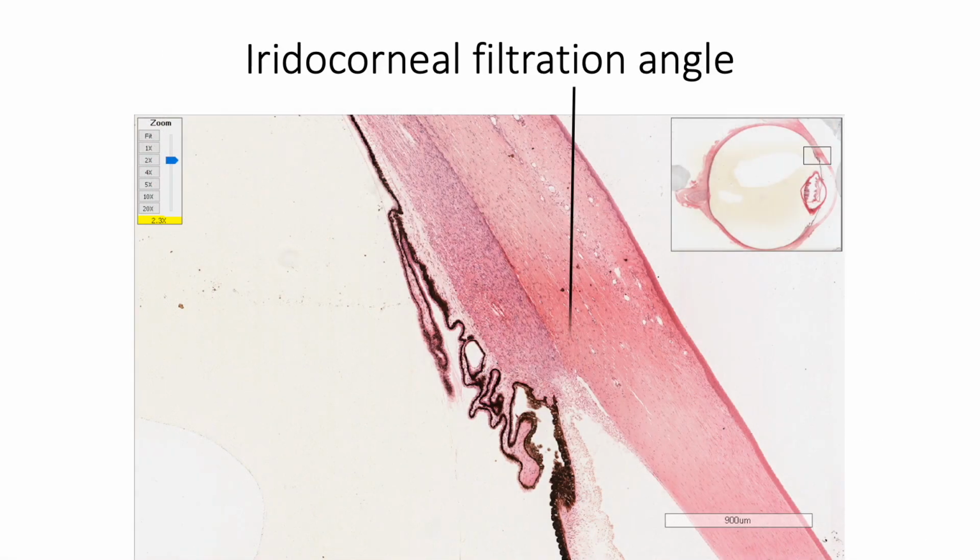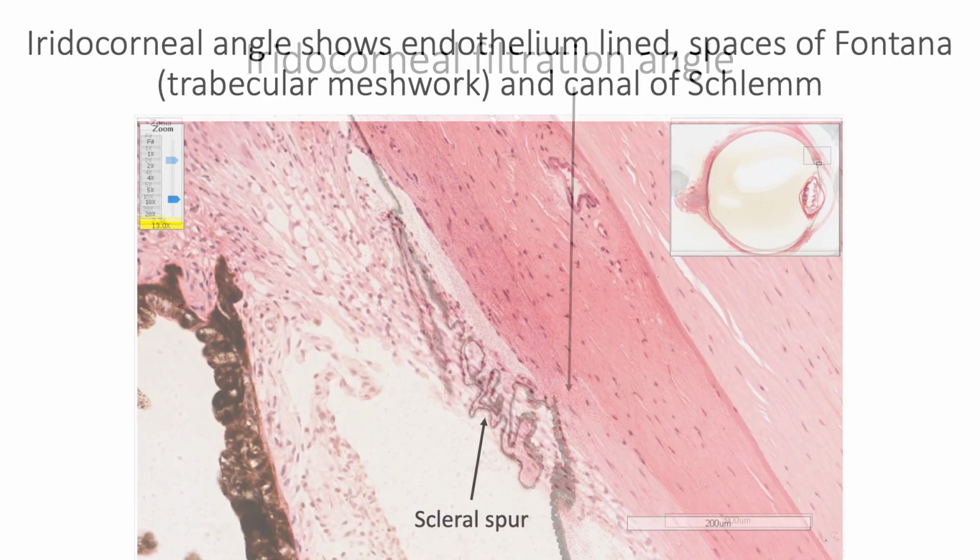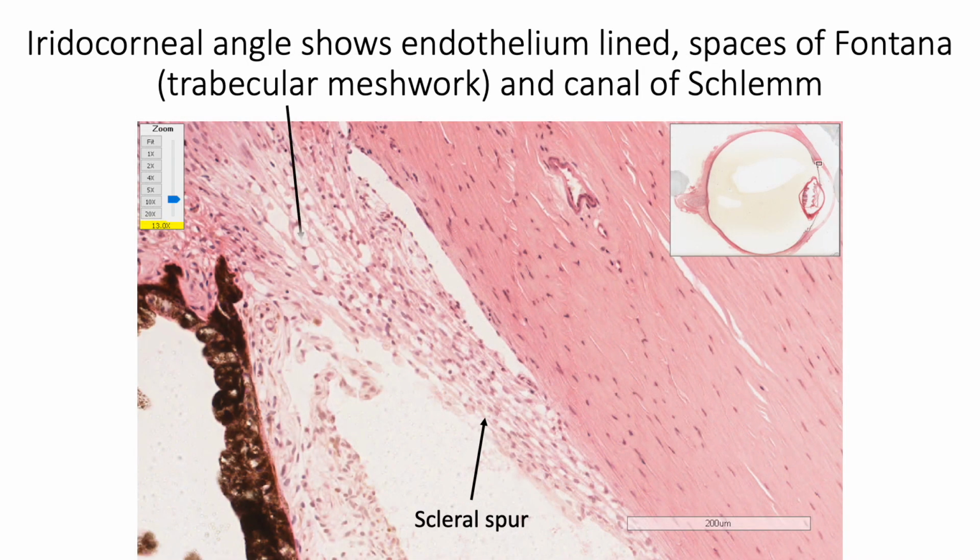Posterior aspect of this corneoscleral junction shows this iridocorneal filtration angle. And in this iridocorneal filtration angle, we see the endothelium lined spaces, or called as spaces of Fontana or trabecular meshwork, and canal of Schlemm.